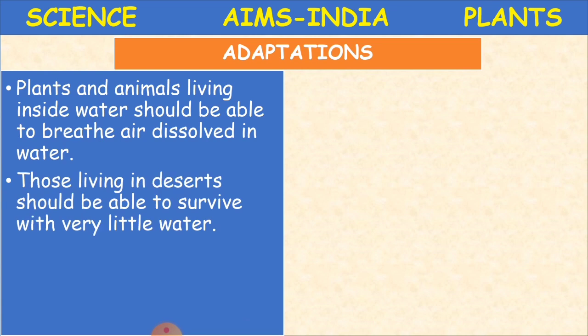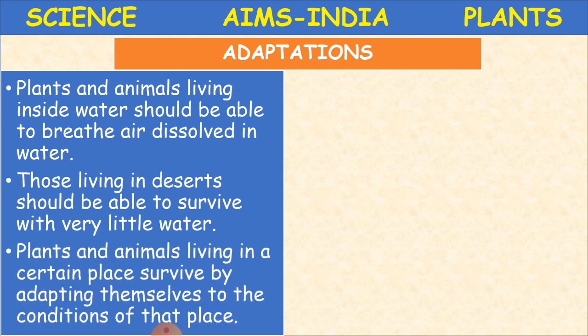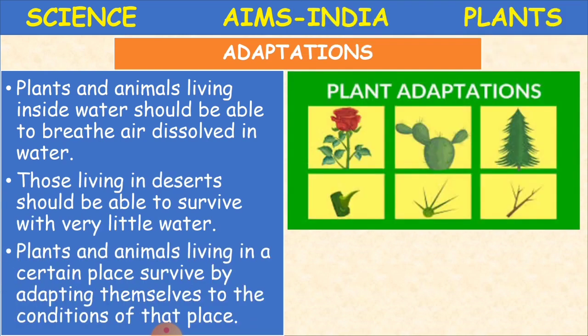Adaptations. Here we are talking about adaptations. Plants and animals living inside water should be able to breathe air dissolved in water. So first of all, what is adaptation? Adapt means making ourselves comfortable, to adjust to something. In the sense you're able to live, they are making themselves able to live.